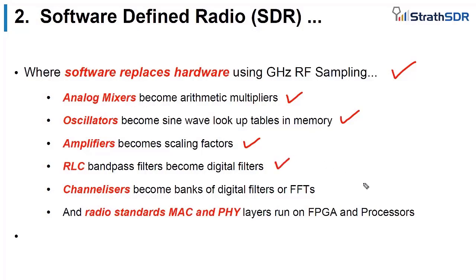And some RLC bandpass filter, well, we could do that with a digital filter of a specific frequency response. And multiband channelizers, that's a bank of digital filters, or maybe some efficient processing using FFTs, fast Fourier transforms. And of course the MAC layer and some of the other parts of the PHY layer, well, we will be running that on software implemented on FPGAs and their processors.